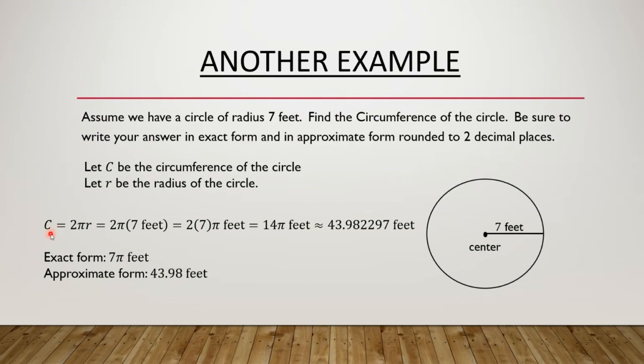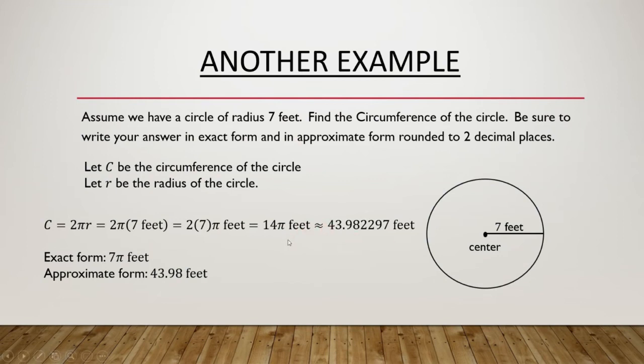Our circumference is 2 times pi times the radius, but now the radius is 7 feet. So it's just like before. We have 2 pi times 7 feet, so we're just going to have 2 times 7 times pi times feet. So we get 14 pi feet.